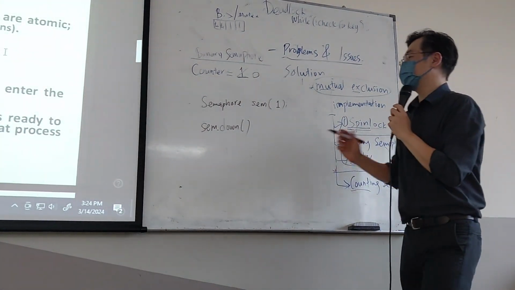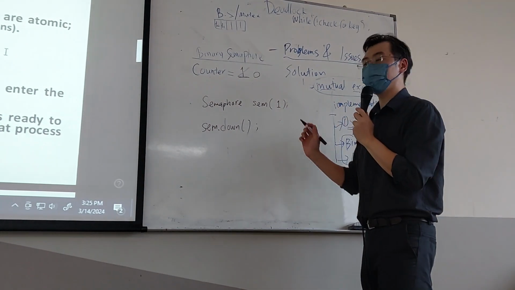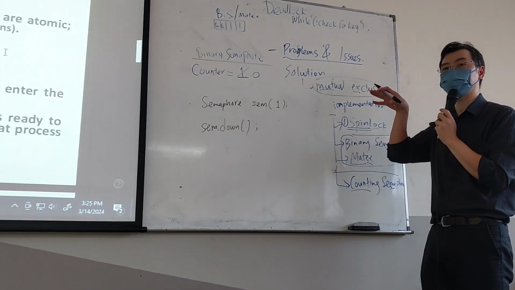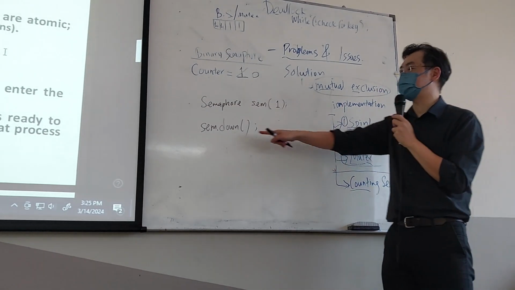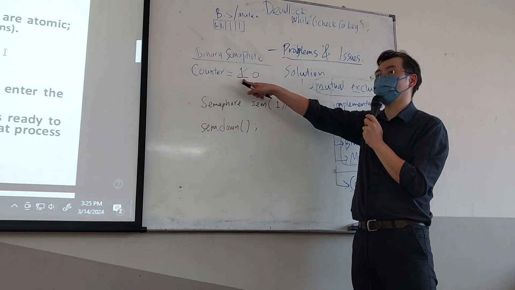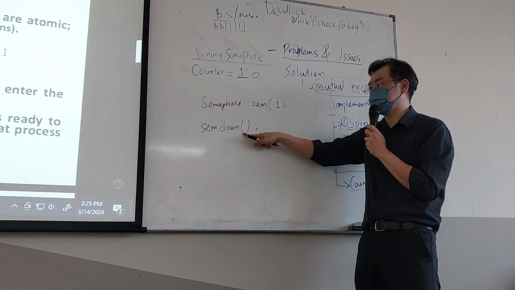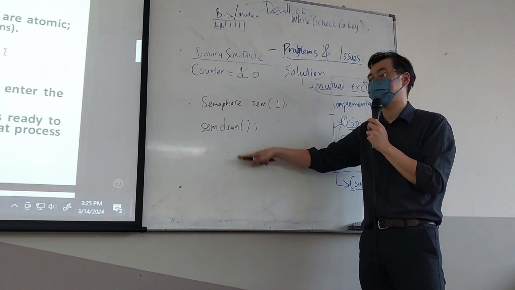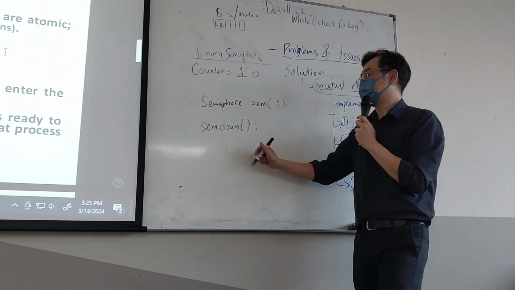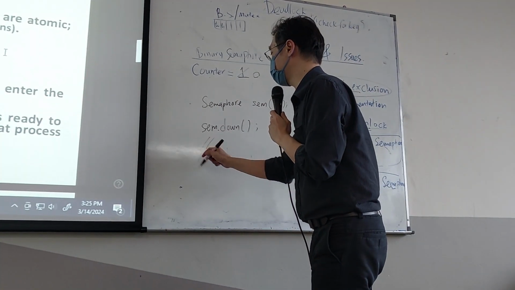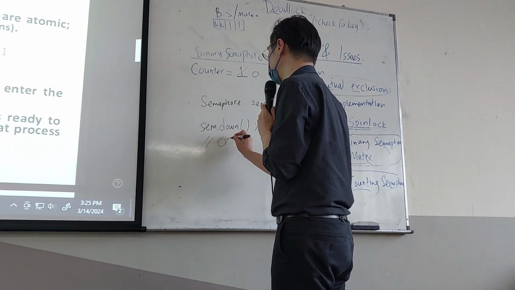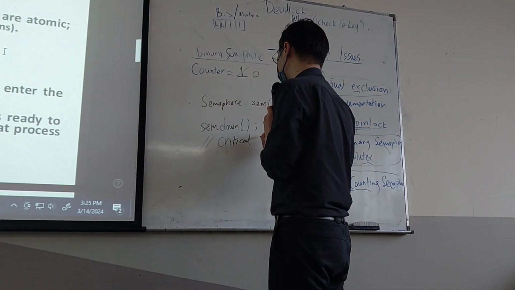So our code will be something like this. Whoever is going to do the read modify write will have to do a down first. If the counter was 1, then it becomes 0 and it gets passed. That means the thread has the key and can immediately execute the read modify write. The code that does the read modify write, we call the critical region or critical section.